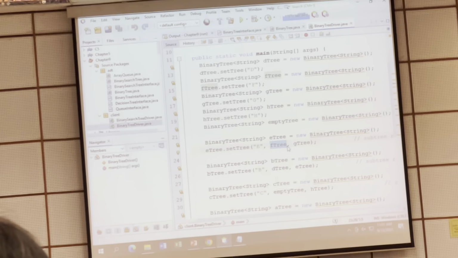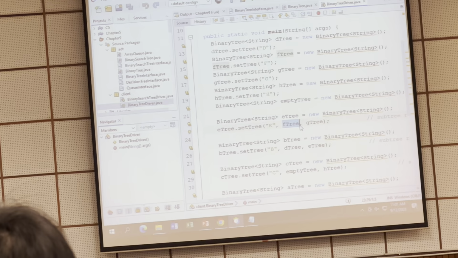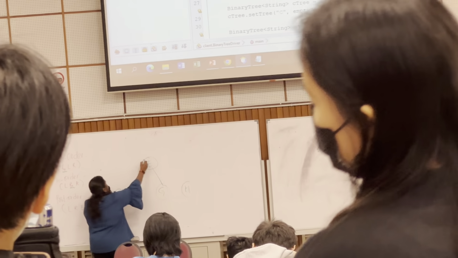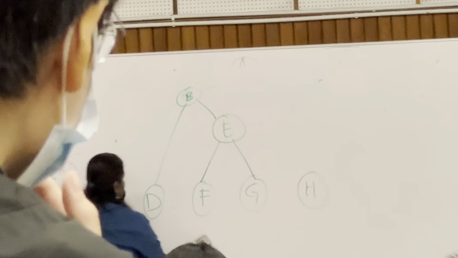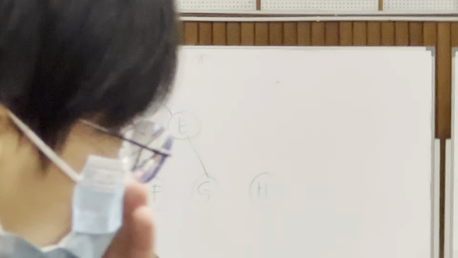Okay, next is B. B is D and E. Sorry, B. So let me redraw this. B is D on the left and E on the right.